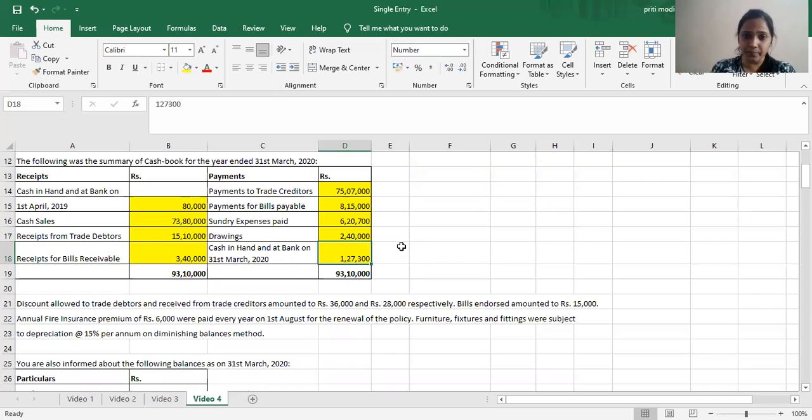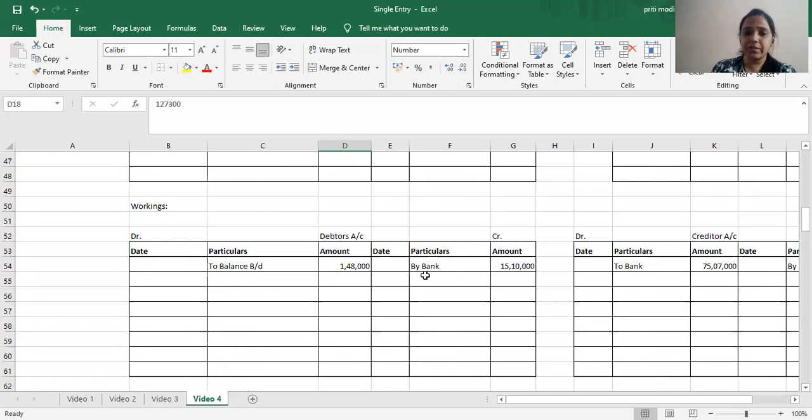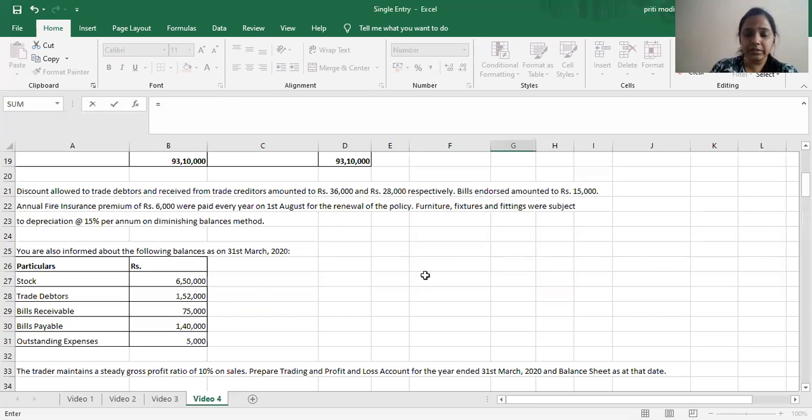So discount allowed. These are not entries, right? We have to post it 2 times because no ledger has been prepared for the same. So remember, such transactions are required to be done 2 times. Discount allowed. First of all, debtors account, by discount allowed. Discount allowed is how much? Let us see, 36,000.